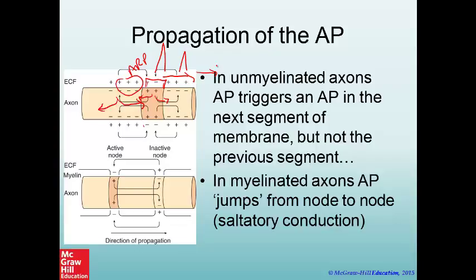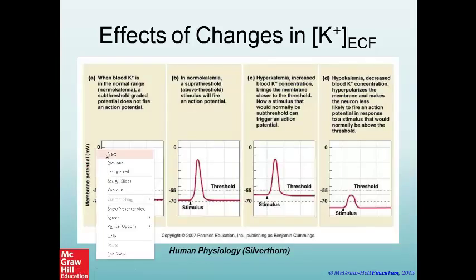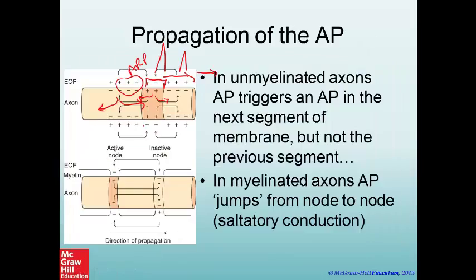In myelinated axons, you don't have to worry about that. It's a little faster because the active node is in between the gaps in the myelin. Right, so this is myelin here, and here, and here. And so basically, the action potential is jumping from node to node. Anatomically, those are called nodes of Ranvier.